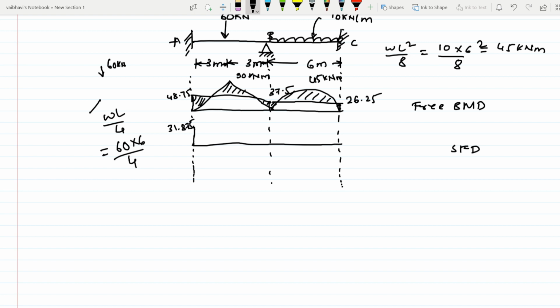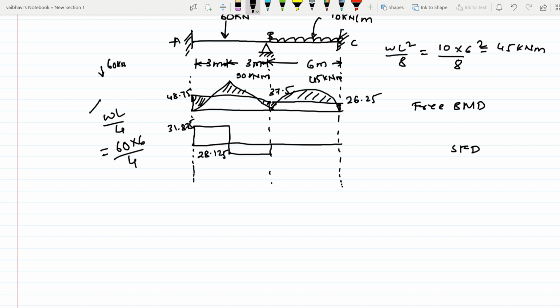Then it will be constant till under this 60 kilonewton. So 31.875 minus 60, it will be minus 28.125. Then RB. RB value is the one which you have found out for span AB, that is 28.125. So we will be reaching till here.